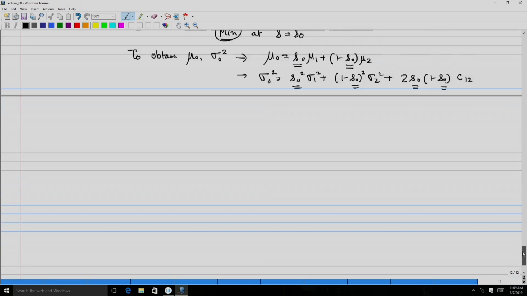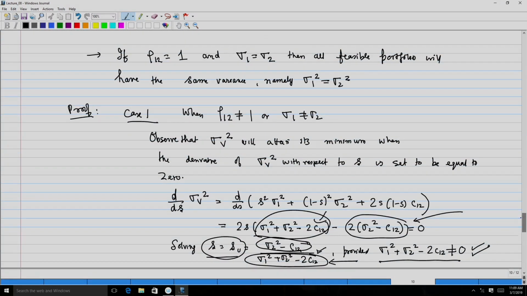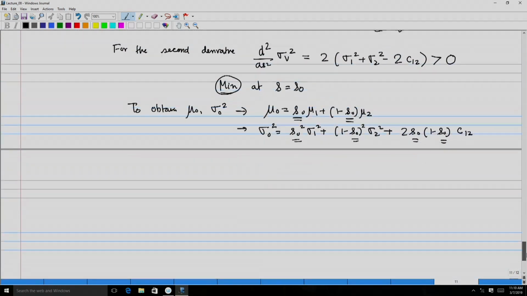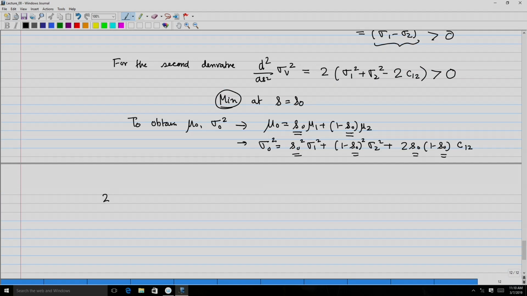Alright, now remember that this was the first case when I assumed that rho 1 2 is not equal to 1 and sigma 1 is not equal to sigma 2. So, I look at the second case now when rho 1 2, the correlation coefficient, is 1 and sigma 1 is equal to sigma 2, both these conditions hold. So, what happens in this case?